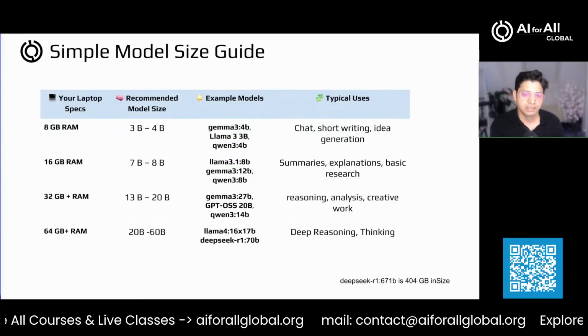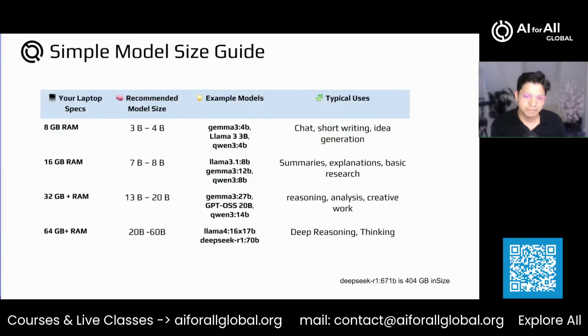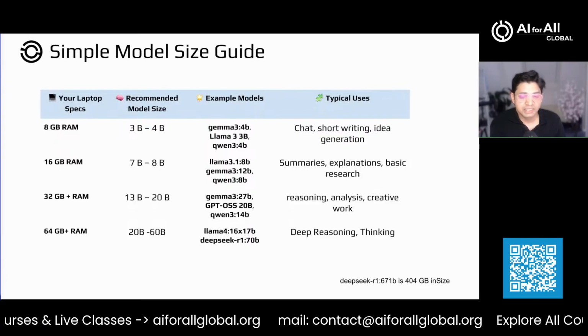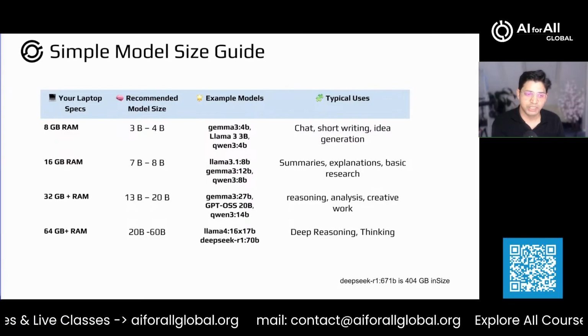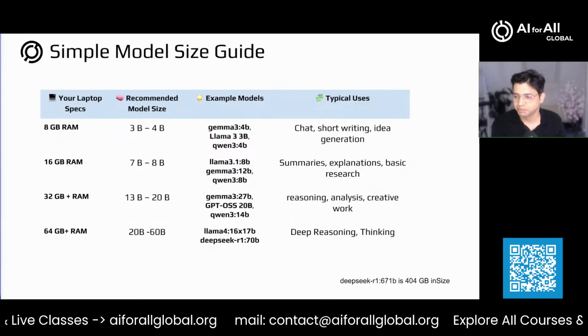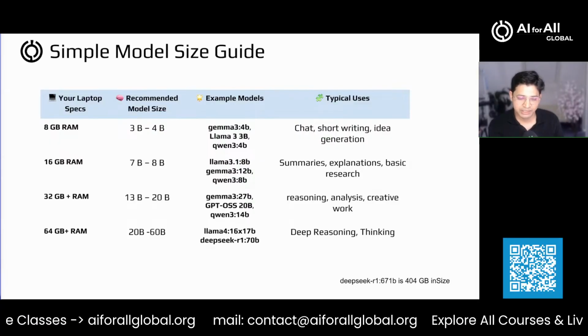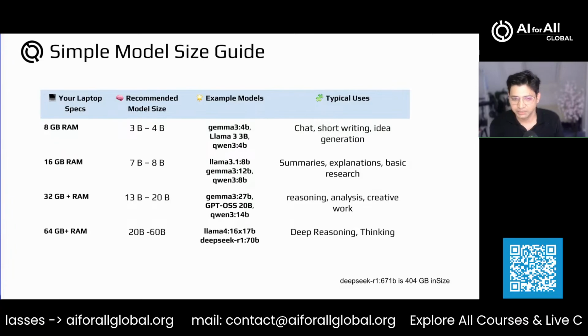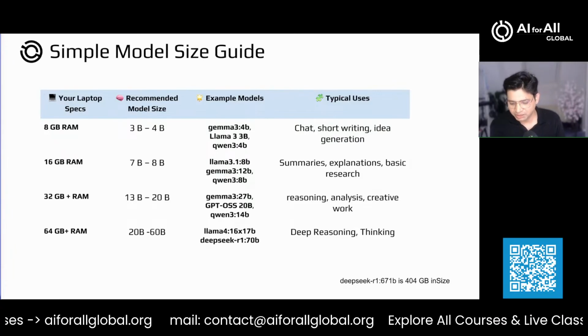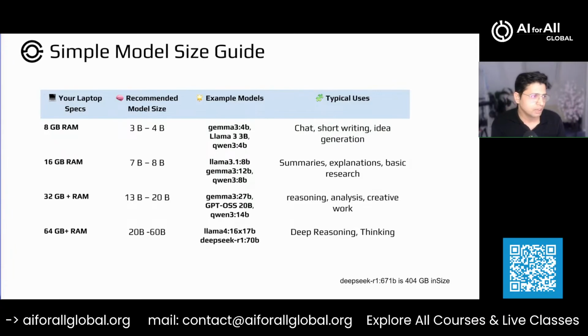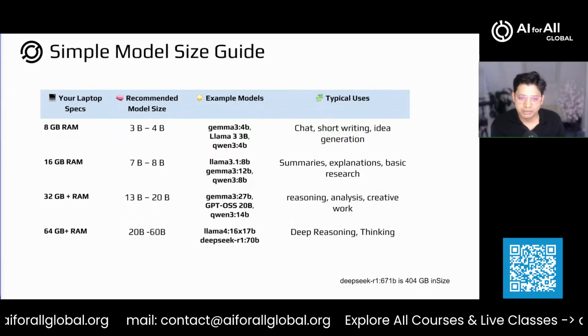Anything beyond this size, while it's possible, and many people do it, they deploy on 64 GB plus RAM, or devices that are coming nowadays where you can easily deploy. But mostly these models are for data centers.